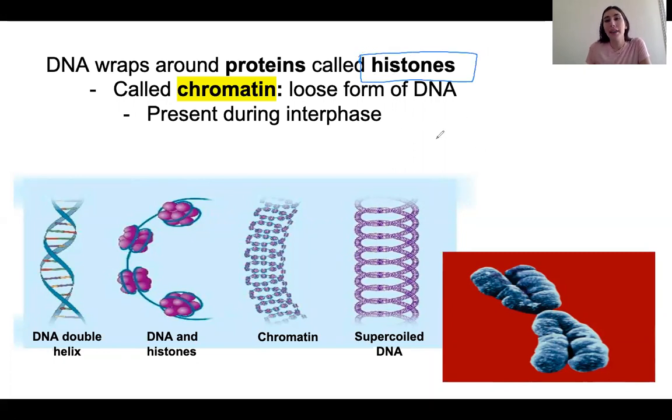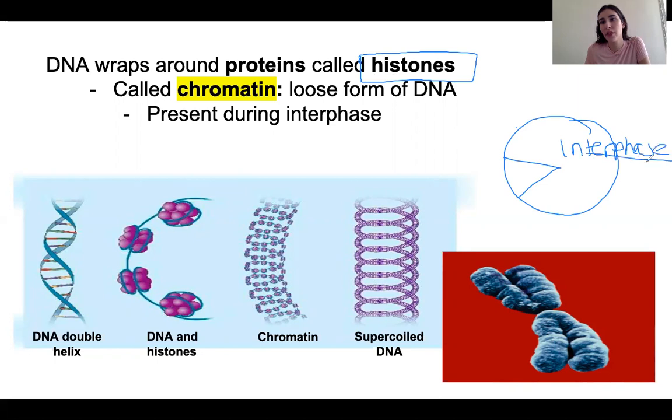Now, if we go back to the cell cycle, we said there are several phases or stages. The first is interphase, so that's like the main part of the cell cycle, and that includes G1, S, G2, right? This is when the cell is kind of preparing to divide.